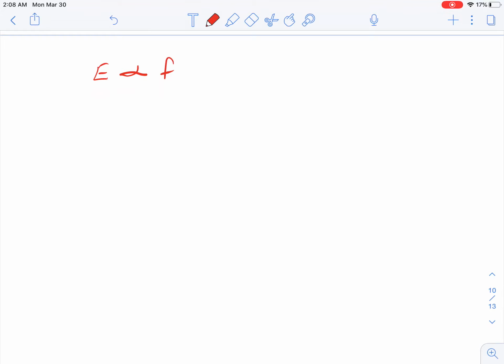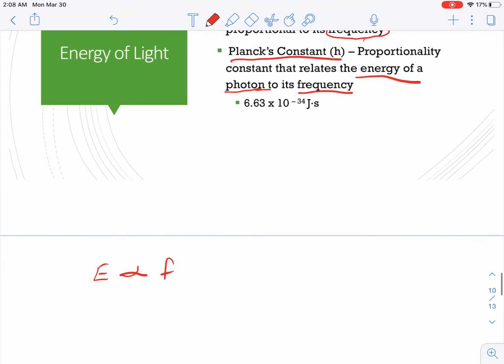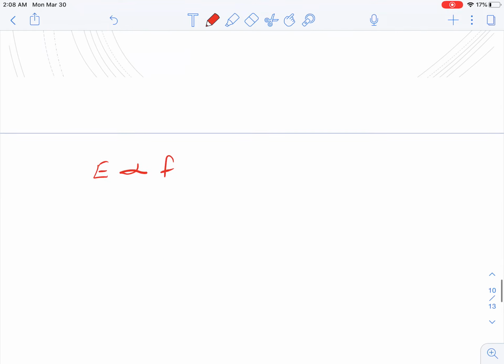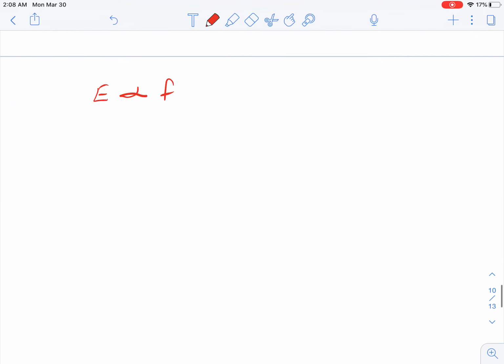So energy is proportional to frequency. This other point here says the energy of light is inversely proportional to wavelength. Anytime we have something that is inversely proportional, what that's going to look like is energy is going to be proportional to 1 over our lambda. So 1 over our wavelength.